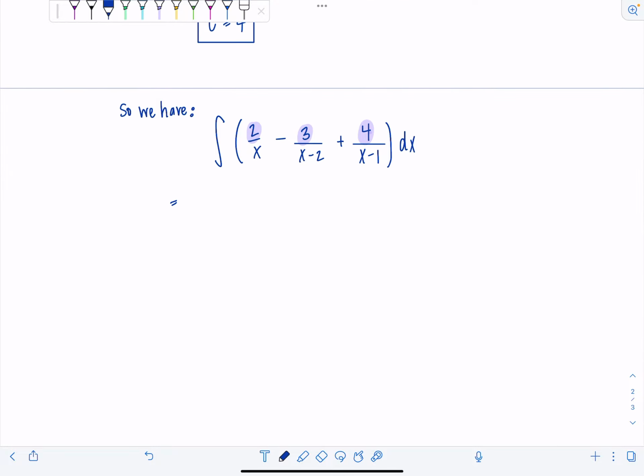So antiderivative of 2 over x would be 2 natural log absolute value of x. And then minus 3 natural log absolute value of x minus 2 plus 4 natural log absolute value x minus 1, and don't forget to put plus c.